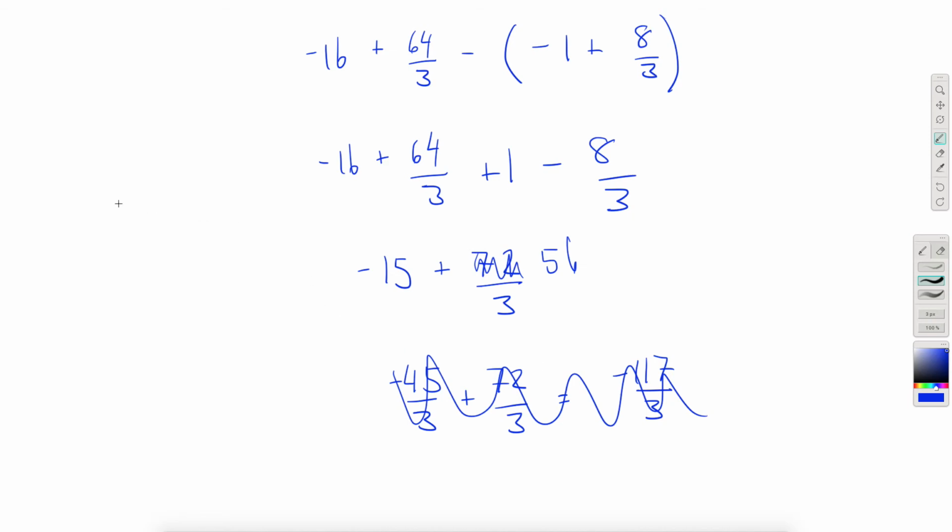Well, that could have stayed as negative 45. That was correct, wasn't it? You're still going to get negative 45 on 3 plus 56 on 3, which is 11 on 3, isn't it?